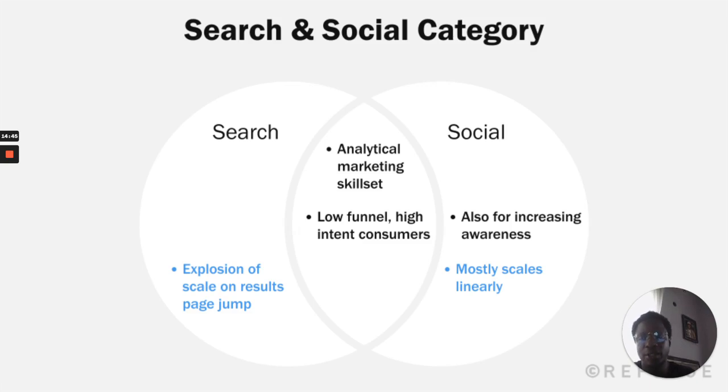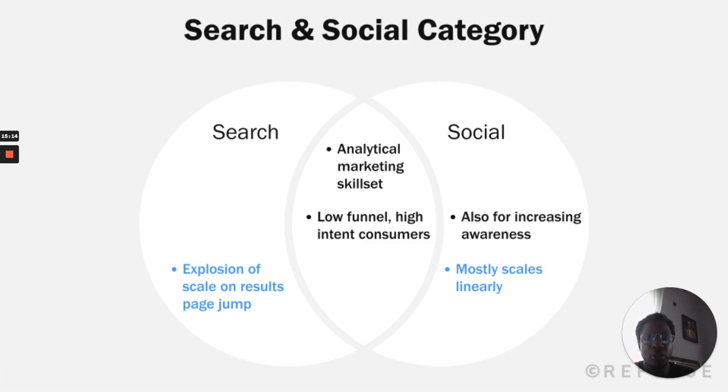For search engine marketing, you want to appear when people type in certain key phrases or queries so that an advert appears. At the intersection of search and social, both need analytical marketing skill sets because there's analytics for search. For search engine optimization, you have the Google Search Console, and you also have your Google Analytics to help you check people that are coming from organic, maybe to your website or your offering.